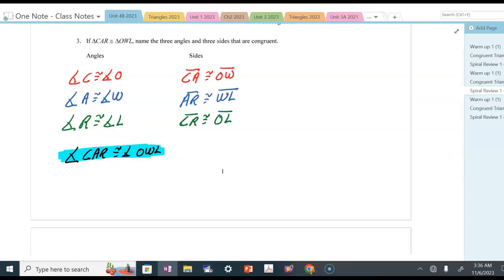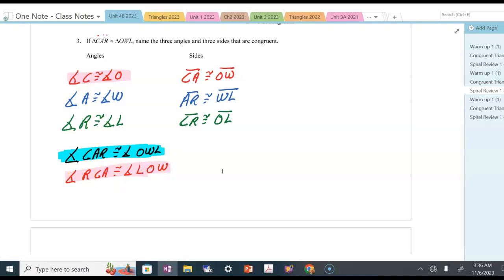If I wanted to, I could say angle RCA. So I did the third letter, then the first and the second. So I did 3, 2, 1. Is congruent to the third letter, first, and second. So this is congruent to angle C and O.